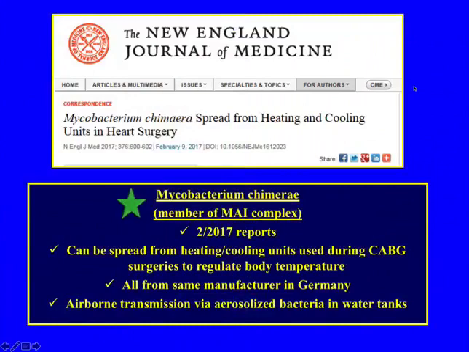And I throw this one in, something very recent, because there are some boards where they want to see not only if you know the traditional, but if you're up to date. Chimaera came up in the New England Journal about 2 years ago in reports of spread from heating and cooling units in heart surgery. We now know that it can be spread from such units during CABG surgeries that use those units to regulate the body temperature.